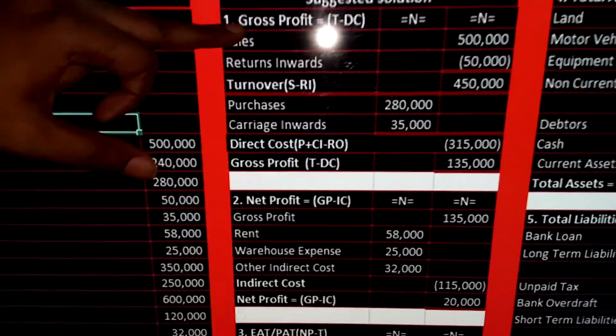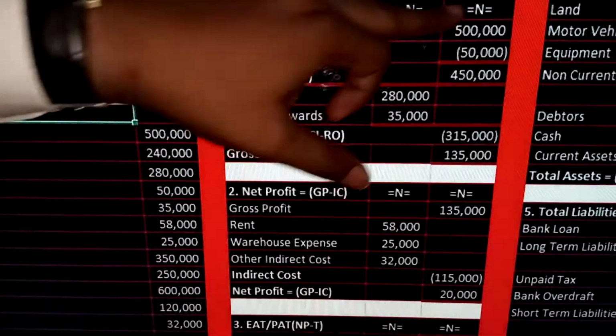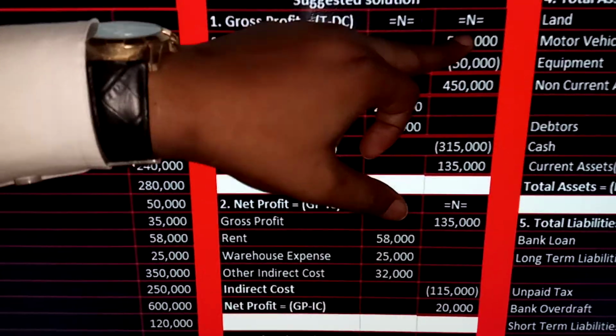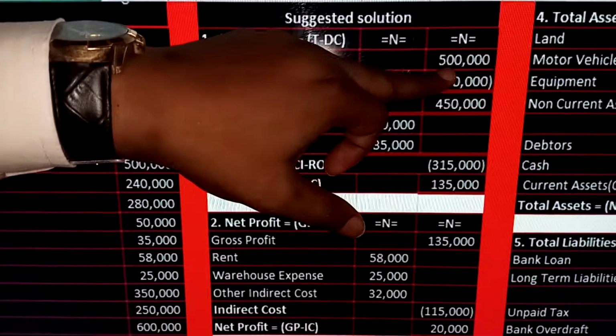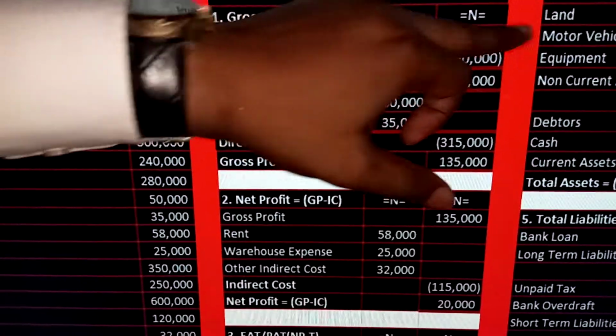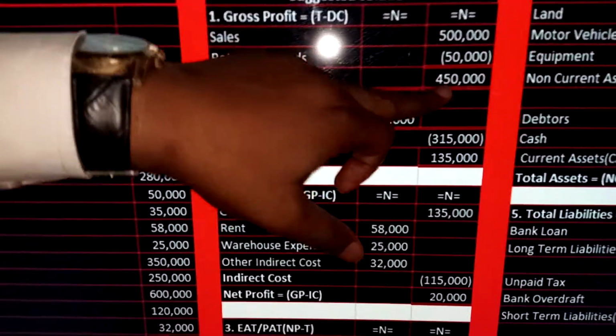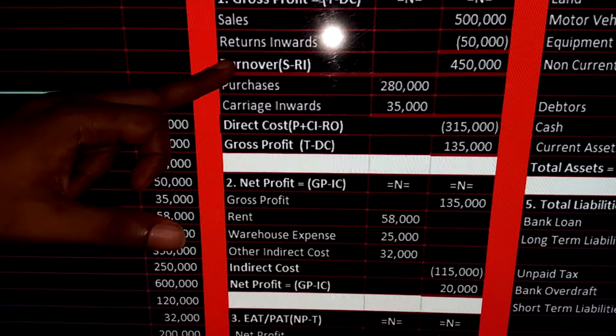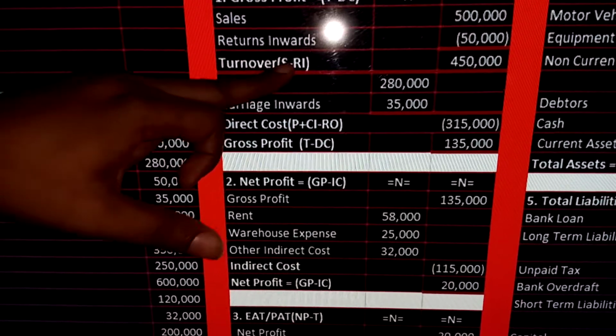So sales is 500,000, returns inward is 50,000. Okay? So 500,000 minus 50,000, bracket here means minus, will give you 450,000. So that means our turnover, based on the question we have, which is sales minus returns inward, is 450,000.